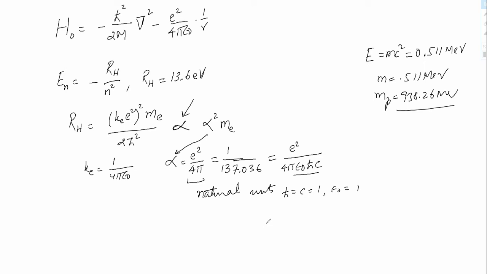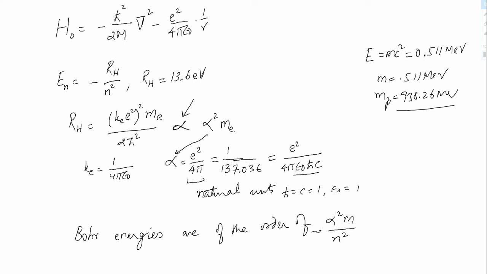We say that the Bohr energies are of the order of alpha square m by n square.